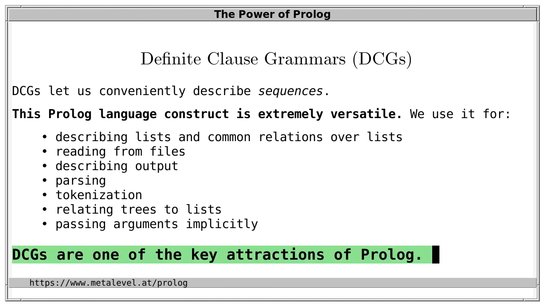And I think it's fair to say that DCGs are one of the key attractions of Prolog, because they're so versatile and convenient. And that's not surprising, because after all, Prolog was designed for convenient text processing, and therefore this grammar mechanism plays a very prominent role in the language.